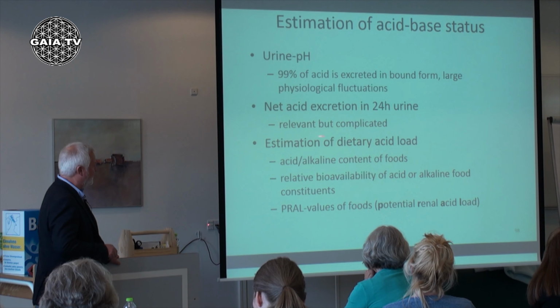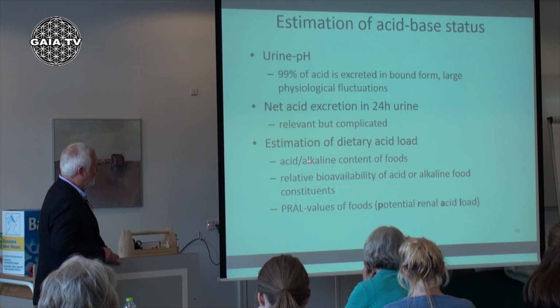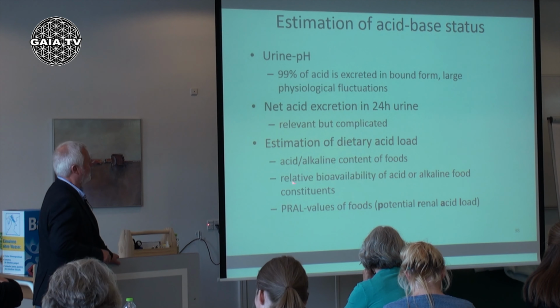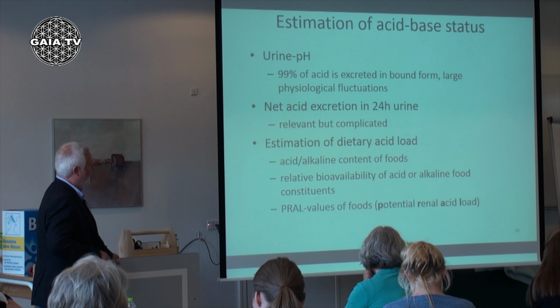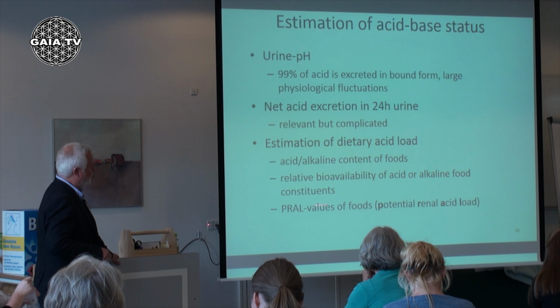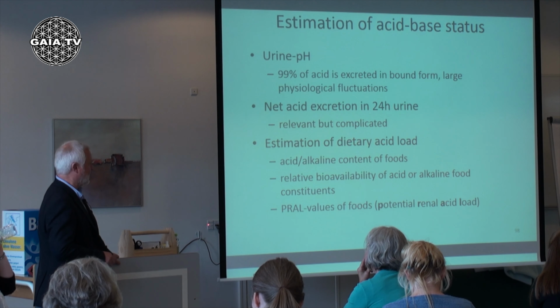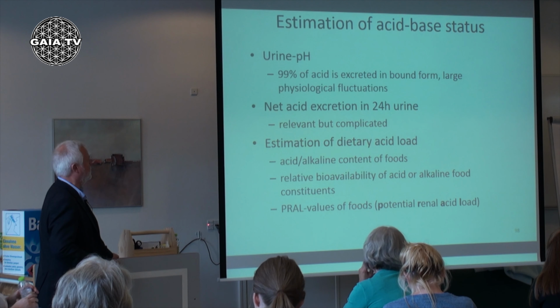So what can be done is the estimation of dietary acid load. For that you need to know the acid-alkaline contents of food, but you also must know the relative bioavailability of these compounds, and then you can calculate the potential renal acid load. I've shown you that already, and these PRAL values are now used worldwide.